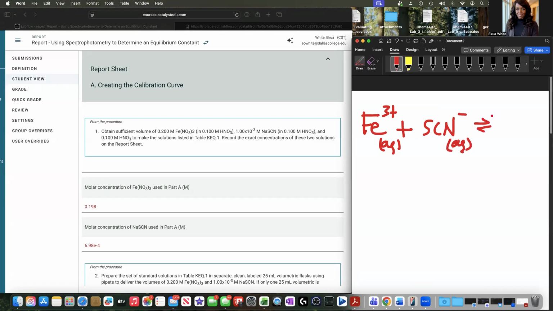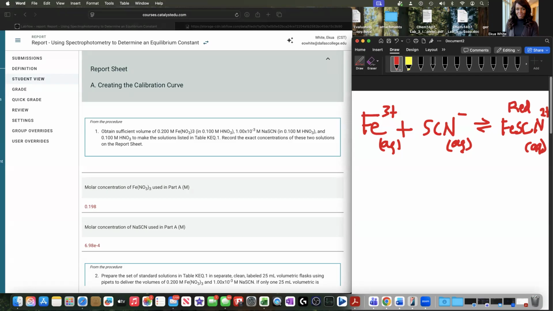Now, in the background information, both iron and thiocyanate are said to be colorless. When we work on this on campus, the iron has a light yellow color, but we will go with what they say is virtually colorless, like most people see it as colorless. And then the iron thiocyanate complex, that's the one that has a reddish orange hue or color to it.